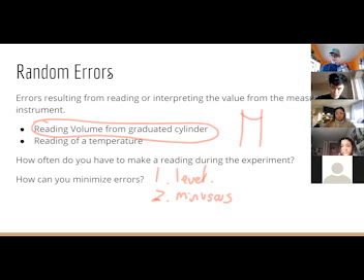It's going to have a bit of a curve. So where do I read the volume from? From the top of the meniscus or from the bottom? The bottom, right. It's designed to measure the volume from the bottom. So we need to be aware of the meniscus. Excellent. What's another thing we can do?